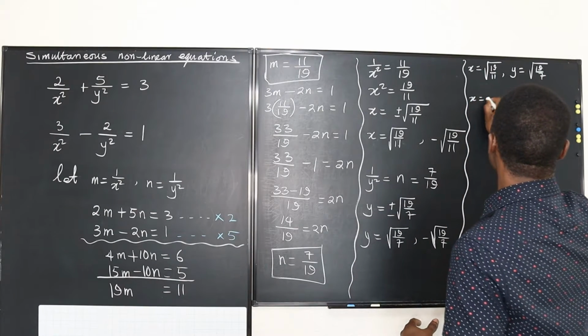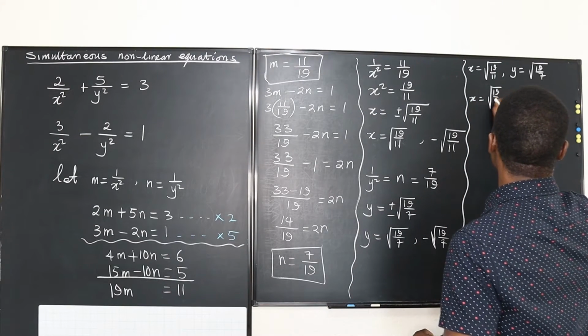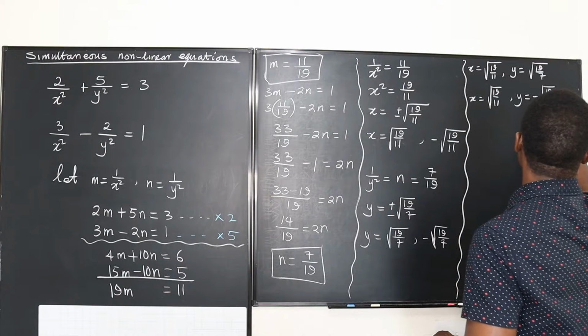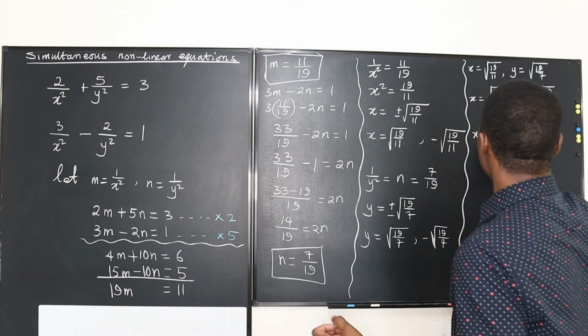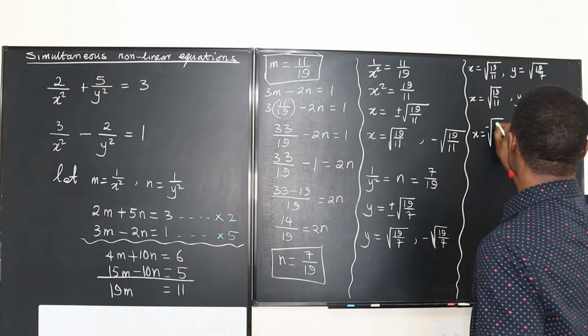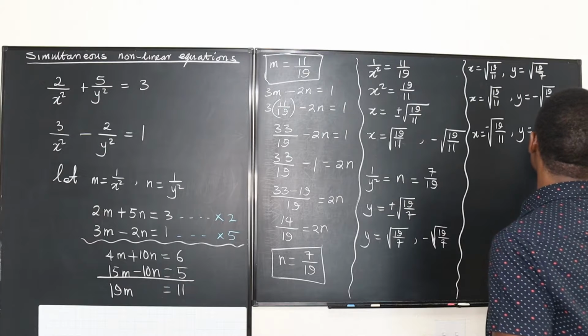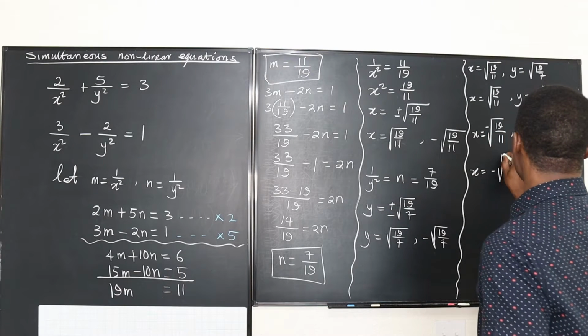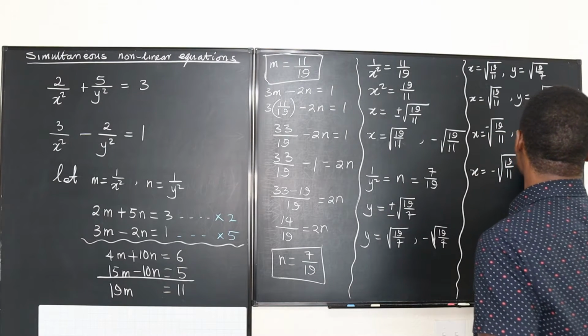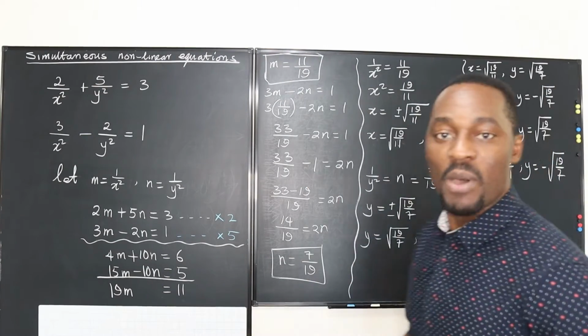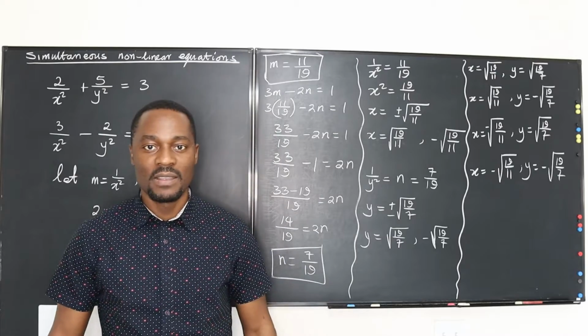Or x equals square root of 19 over 11 and y equals negative square root of 19 over 7. Or x equals negative square root of 19 over 11 and y equals square root of 19 over 7. Or x equals negative square root of 19 over 11 and y equals negative square root of 19 over 7. Those are the 4 possible solution sets that you could have.